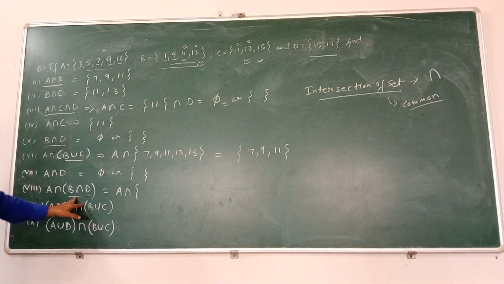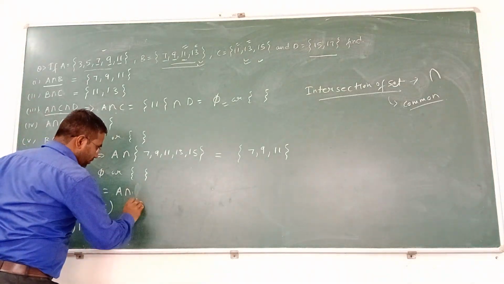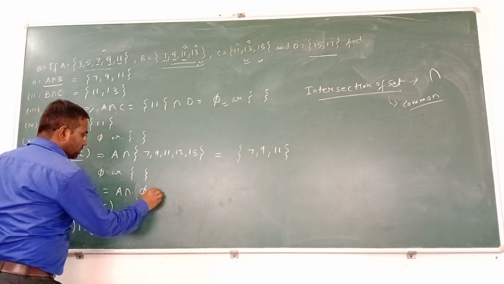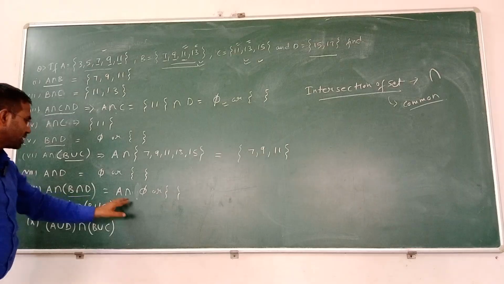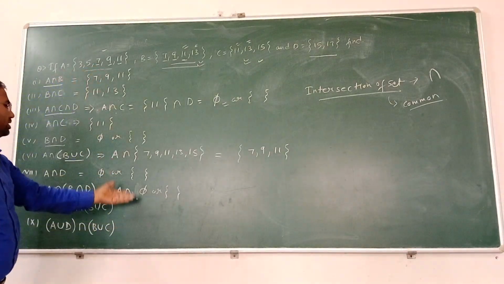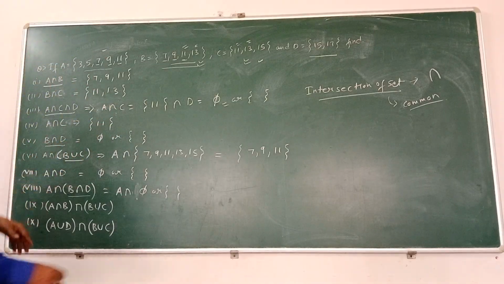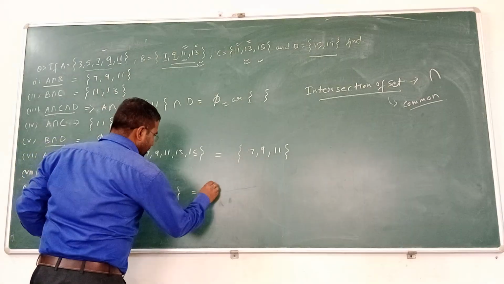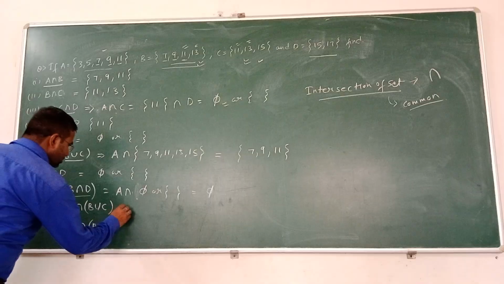So the intersection of B and D will be what? ∅. Or you can denote it by simply braces. Now you will see the intersection of A and ∅. So A is there. So in this, elements are there. In this, no element is there. So the answer will be what? ∅ again.